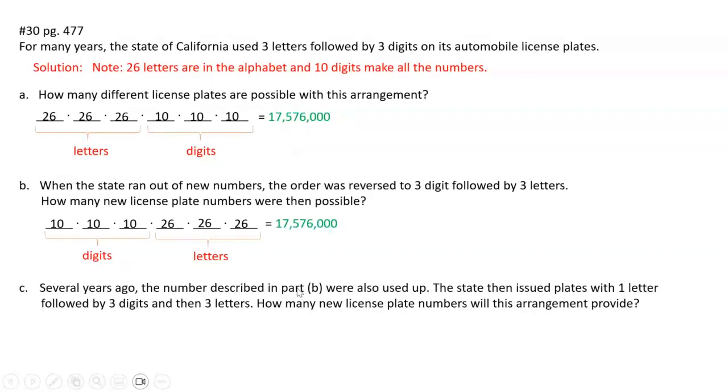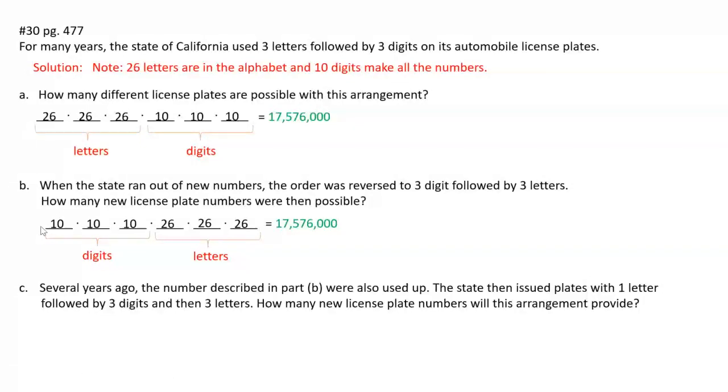Now for part C. Several years ago, the numbers described in part B were also used up. The state then issued plates with 1 letter followed by 3 digits and then 3 letters. So what they did here, guys, they started with 1 letter, they added 1 letter, right? And that was it.